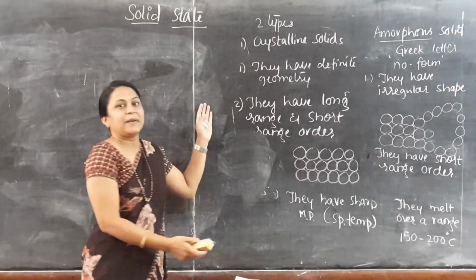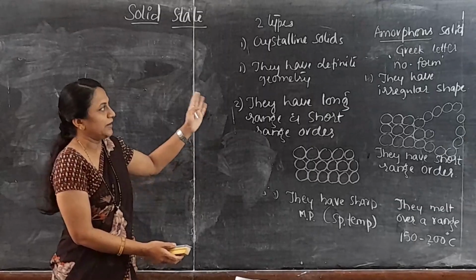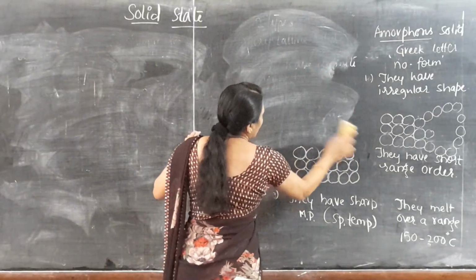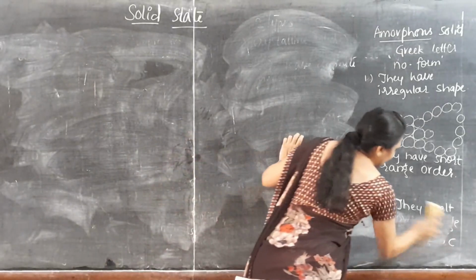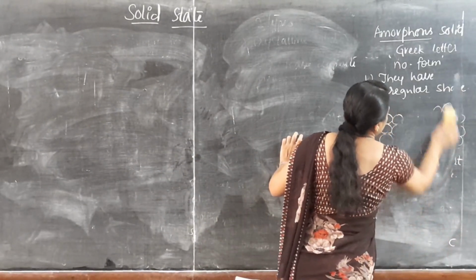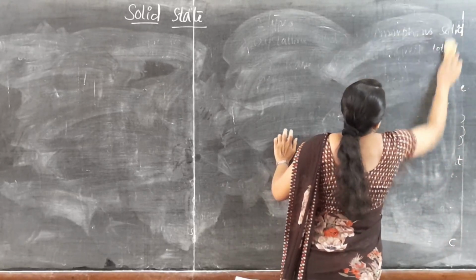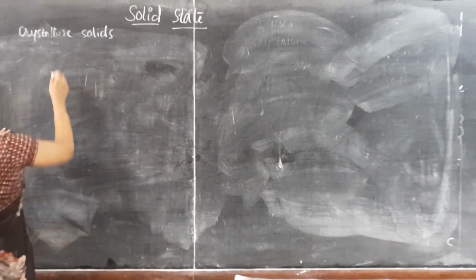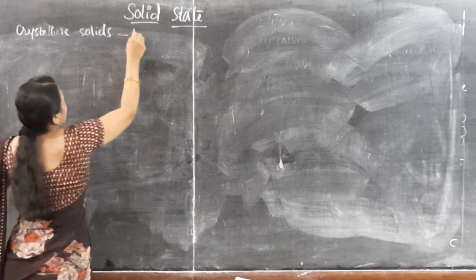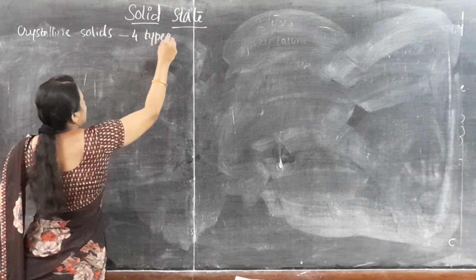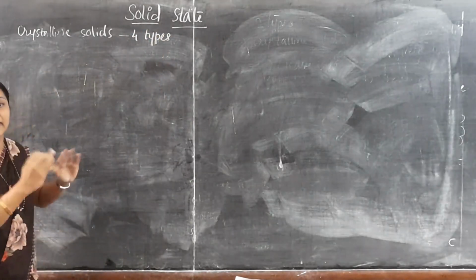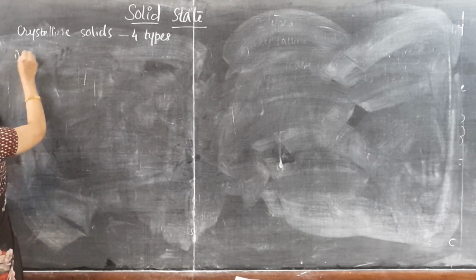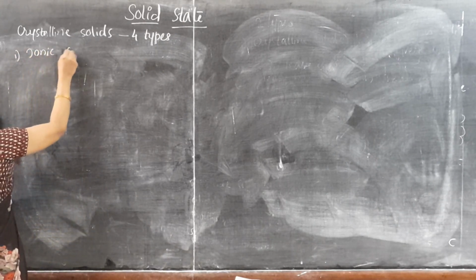Here, depending on the nature of arrangement, we have studied two types, the crystalline and amorphous solids. Now, these crystalline solids are again classified into four types depending on the nature of binding forces. One is ionic solids.